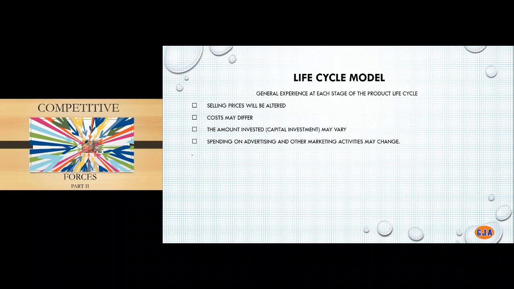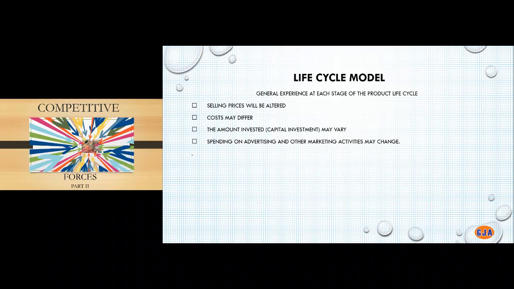Like when we are introducing the product and we newly go into the market, we may incur higher costs and the like. But at a point, we have economy of scale, which will bring our costs down to a bit of a lower version. The amount invested also will vary.